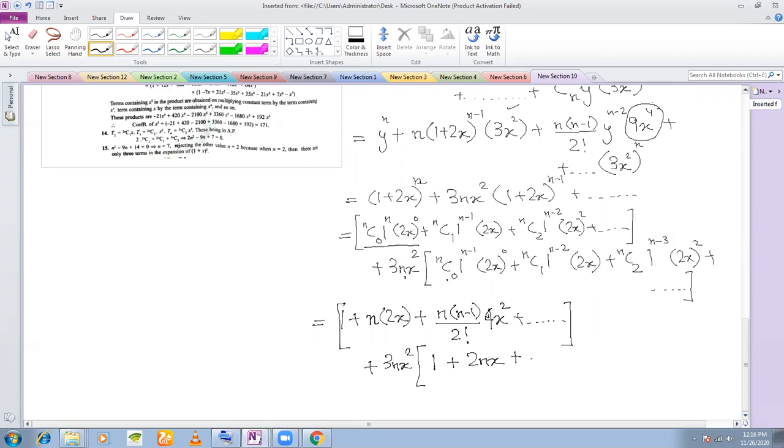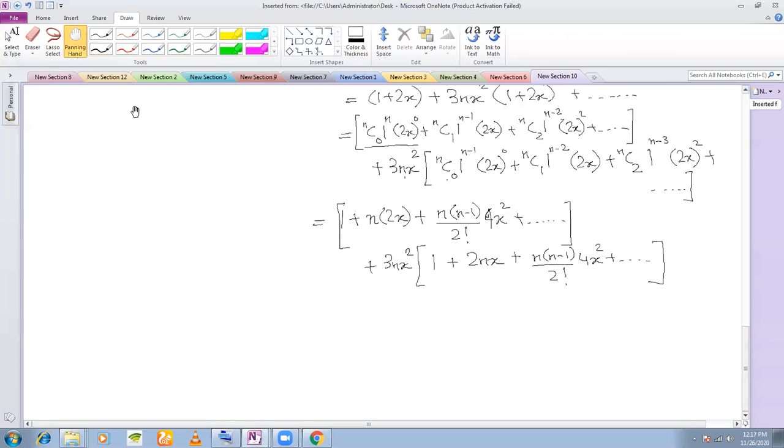And the next term will be higher powers of x. Or if you want, you can write it also. We'll see in the next step that we'll actually get a higher power of x. So nc2 is n into n minus 1 by factorial 2 and 4x square. And this continues.